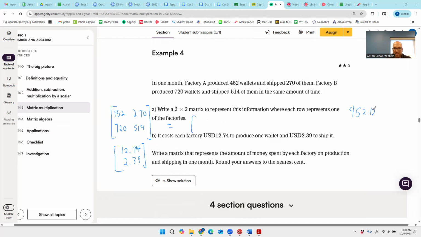452 times 1274 plus, so row 1 times column 2, 270 times 239. Do you have a calculator?